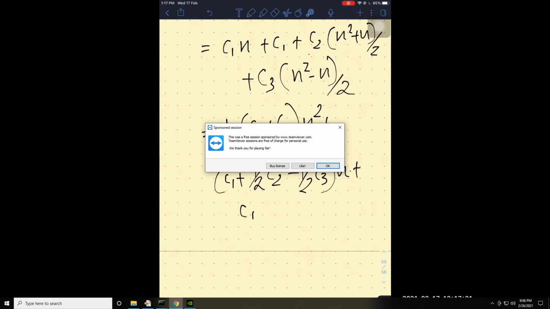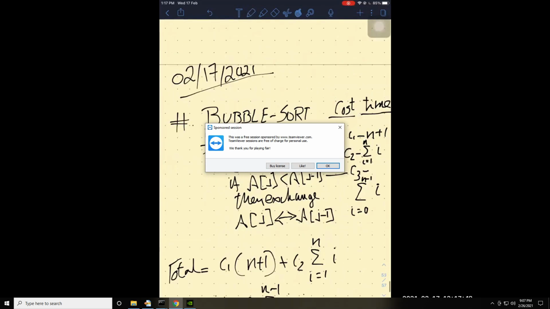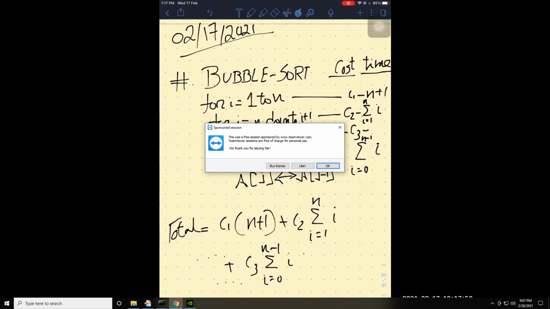We can see here this is the highest degree term in this equation, so the runtime will be big O of n square. Is it clear how we are getting the runtime big O of n square for the bubble sort algorithm? Yeah, it's making a lot more sense.